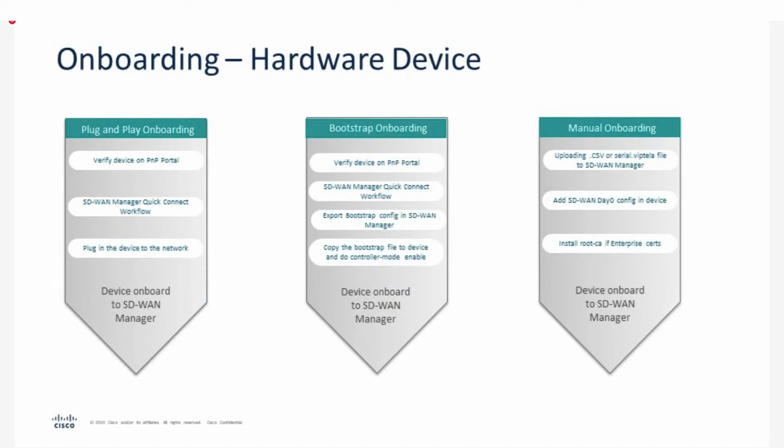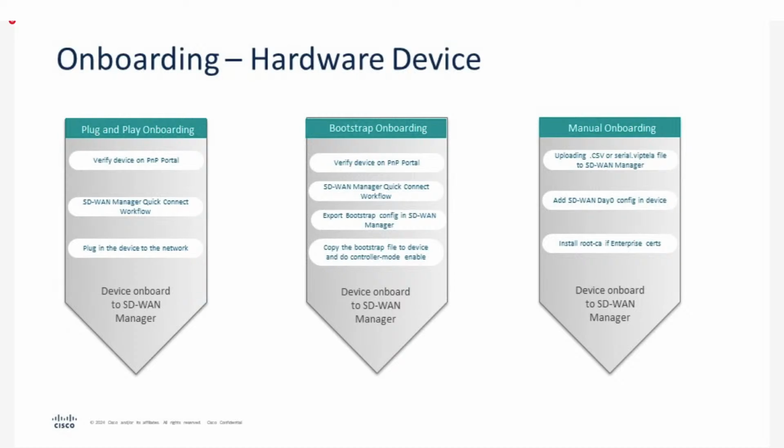Once we do that, we can again download the Bootstrap configuration, copy it onto the USB device and upload it onto the edge device to bring that edge device online. So that's about the hardware device.